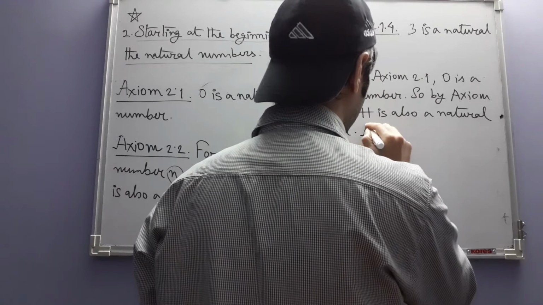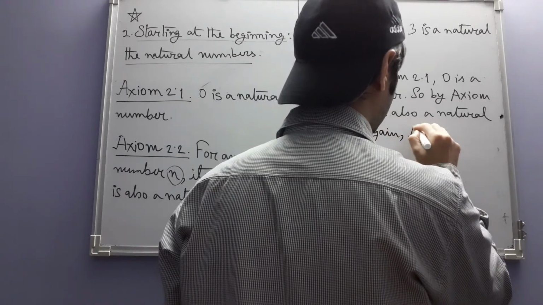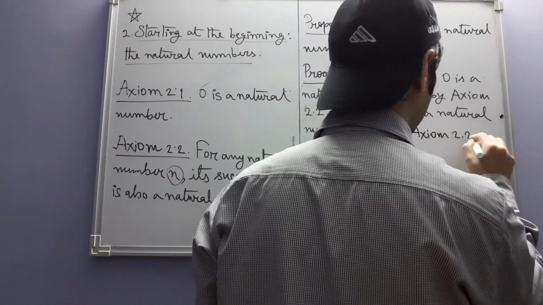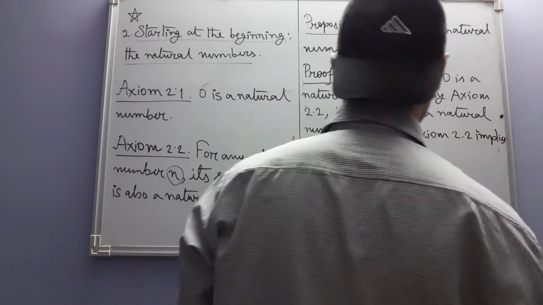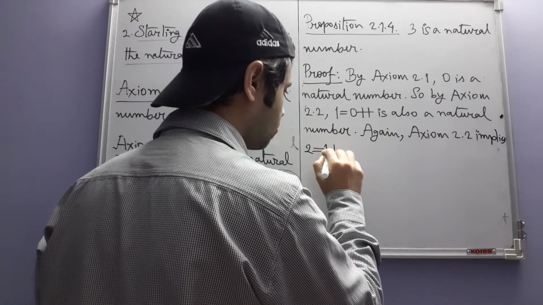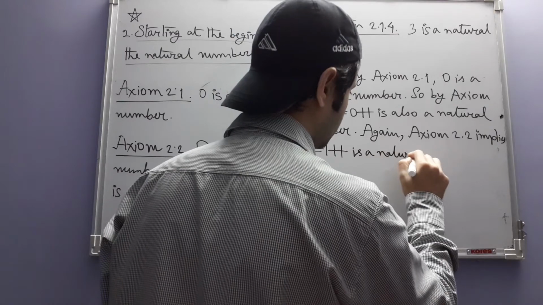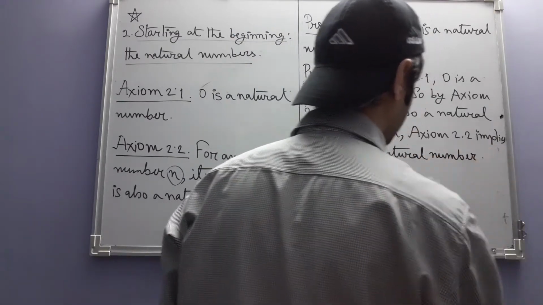Again, Axiom 2.2 implies 2, which is the successor of 1, is a natural number.